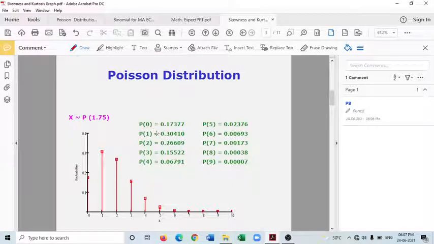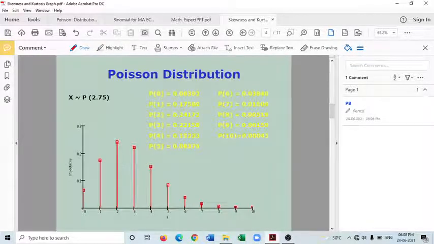Next is 1.75, again positively skewed, and next is 2.75, again positively skewed. Our point is, when lambda becomes larger and larger, the shape becomes symmetric.